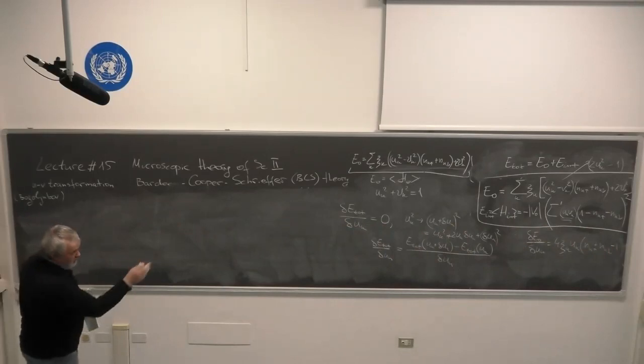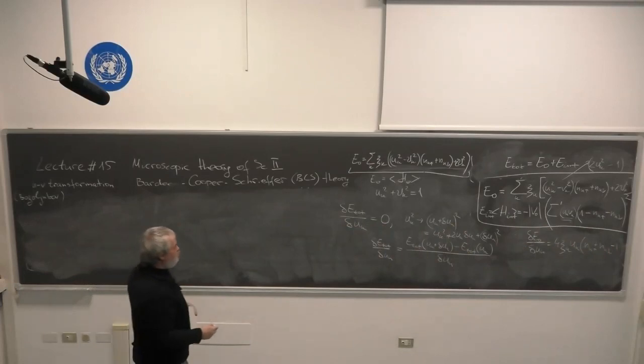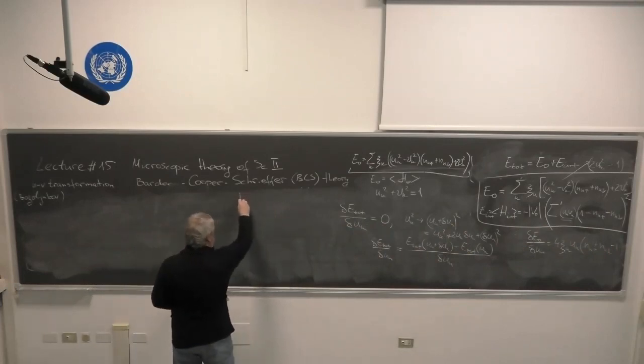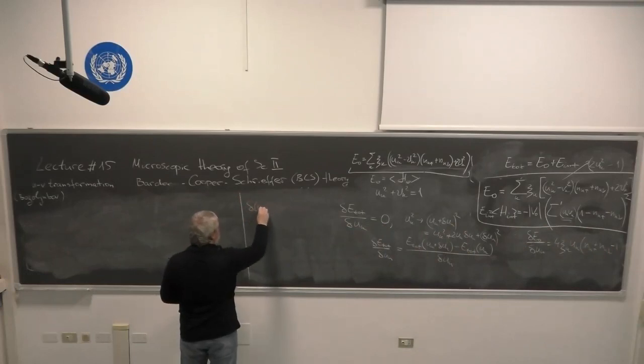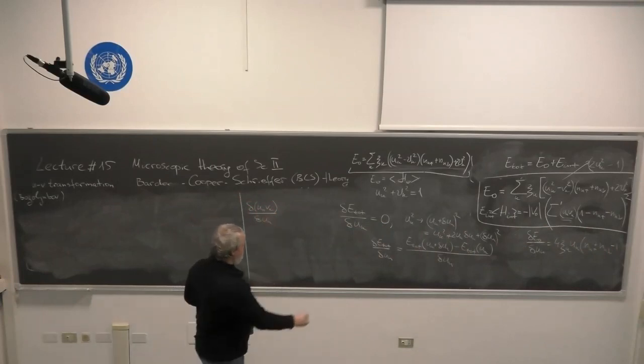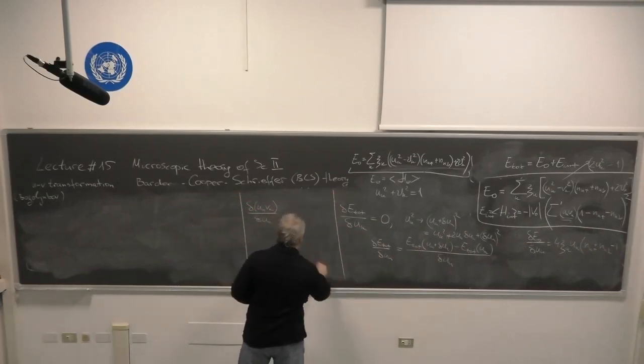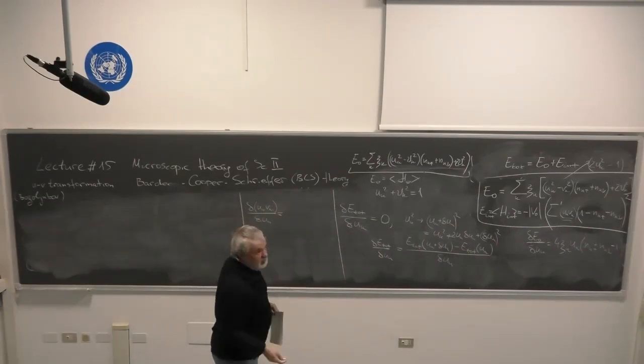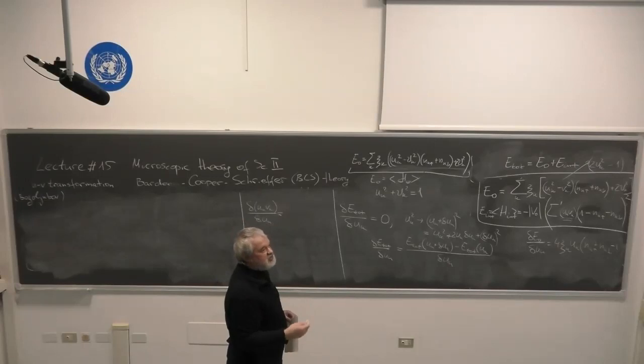Before taking the derivative, let me do one more exercise. Namely, I will need to take δ(u_k v_k) over δu_k. I'm taking the variation of the product. This is very similar to taking the derivative of the product.